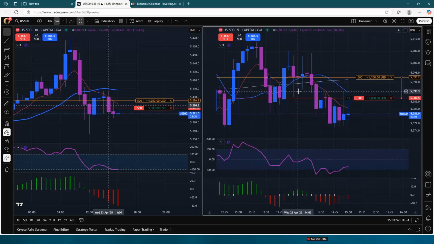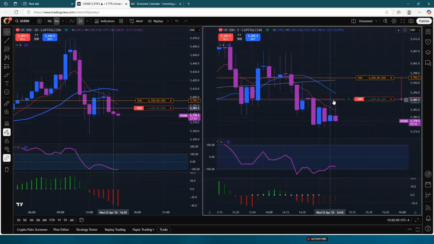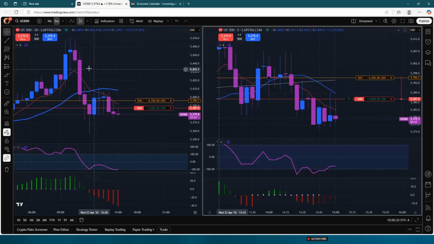horizontal, right? So it's kind of pointing up, which tells me there's a possibility that, even though there's a strong move to the downside, there's a probability that eventually at some point in the future, not right now, it'll pivot and turn and close above the 200 moving average, the white line, but not right now, right?